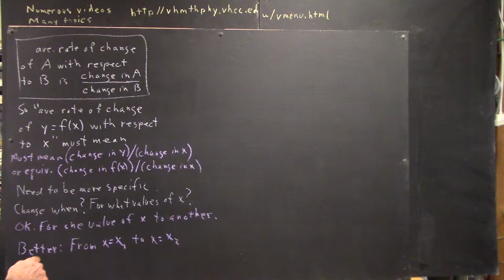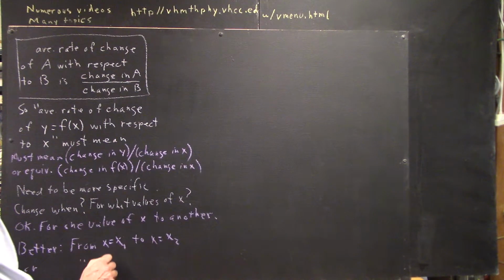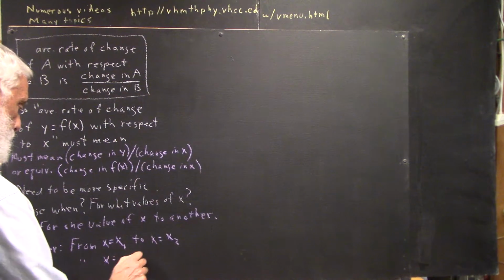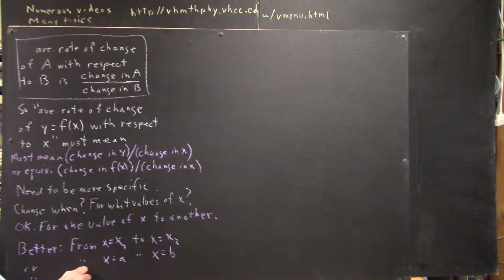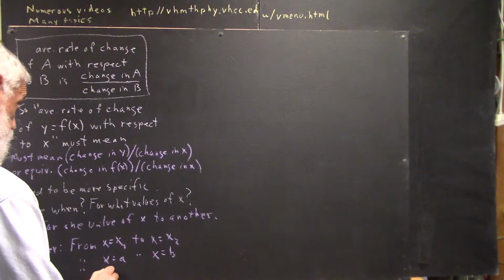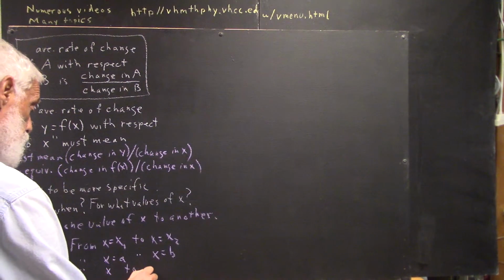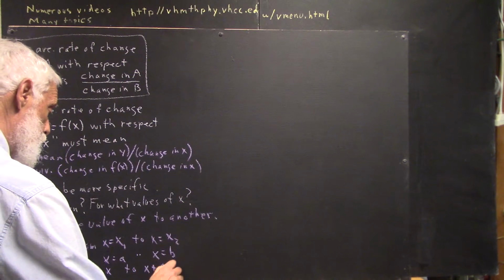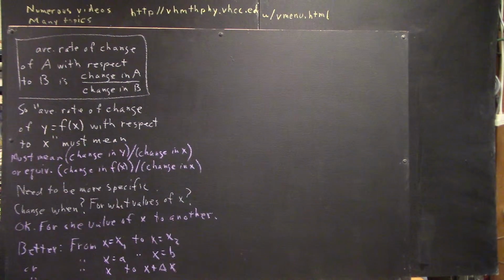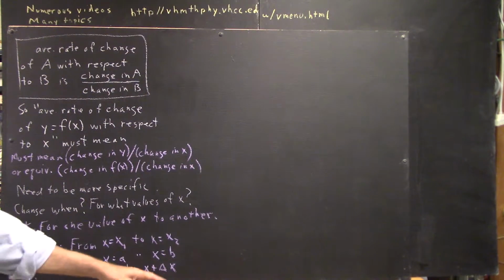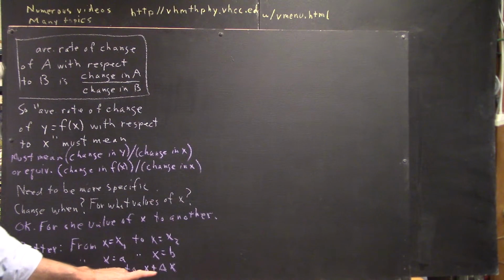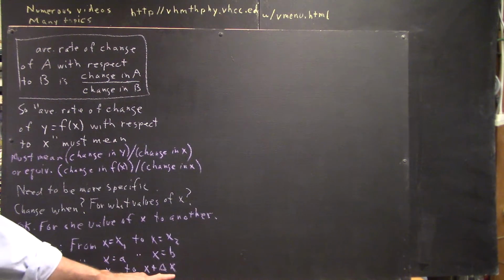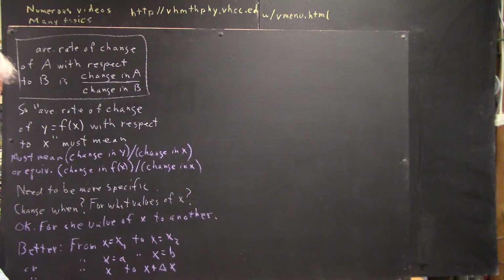Or from x equals A to x equals B. Or from x to x plus delta x. Okay? And this is less specific because this is more general. From some value of x to some value that differs from x by some change delta x.